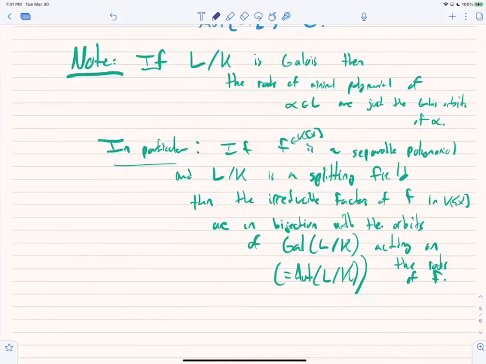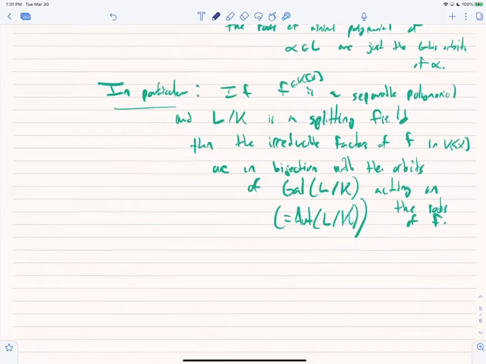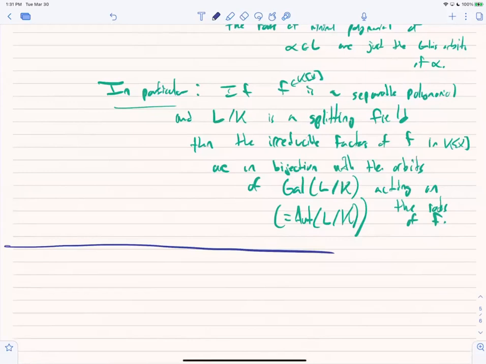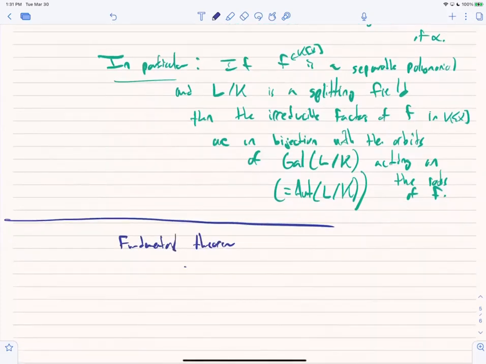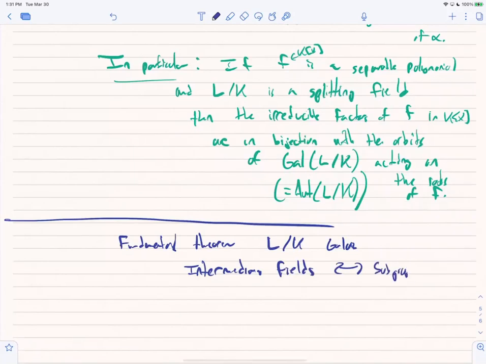Right, and so what does the fundamental theorem of Galois theory say? It builds on this connection. It says that if L over K is Galois, intermediary fields are in bijection with subgroups of the automorphism group.